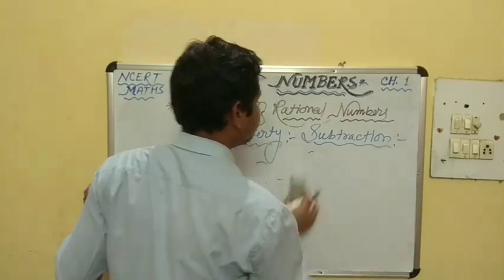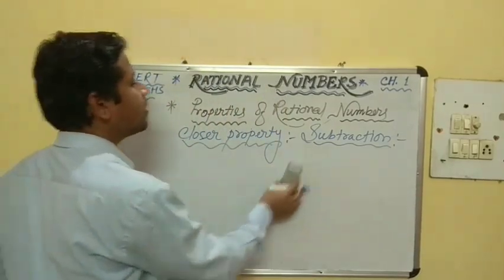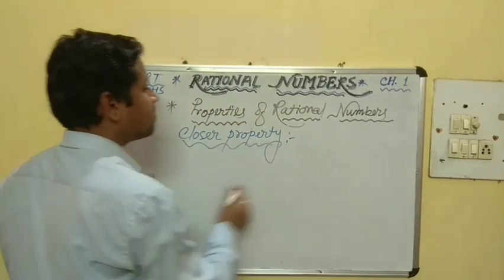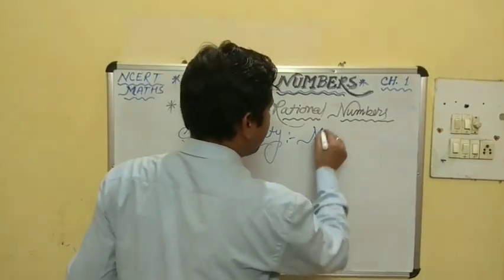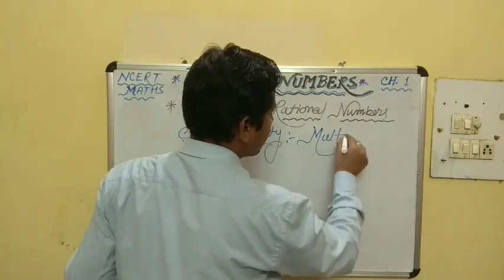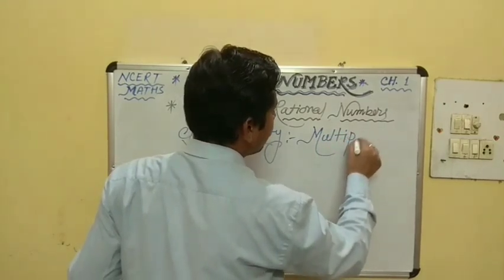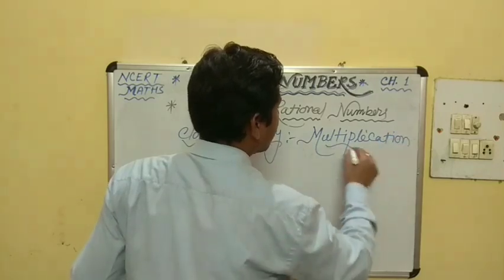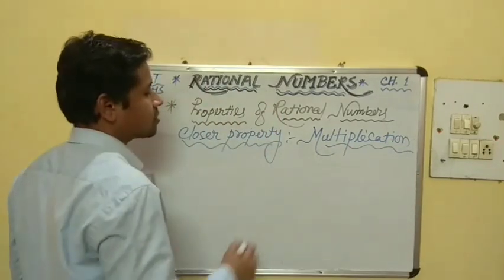We're clearing this. Now we're going for another operation, that is multiplication. In case of multiplication, how does the closure property work?